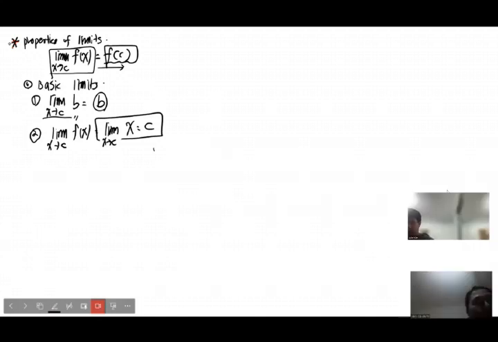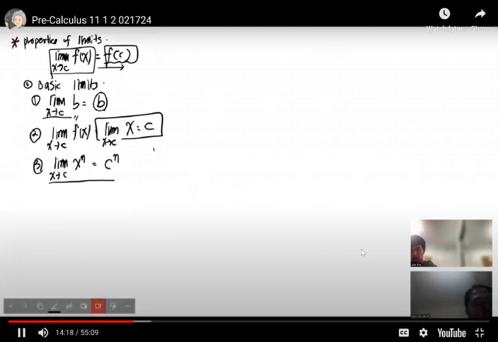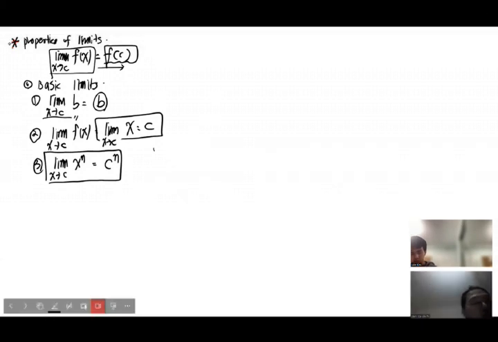Number 3, you have a power function, a polynomial function inside of this limit, then that should be the same as c to the power of n. So basically all you need is to replace x with c if x goes to c.